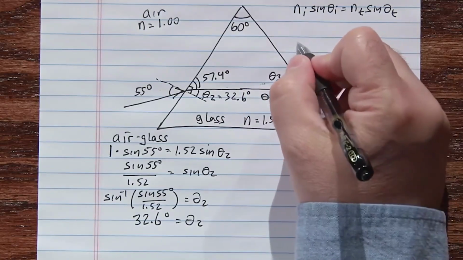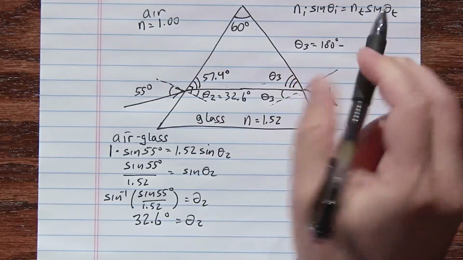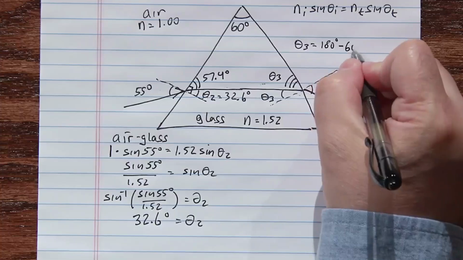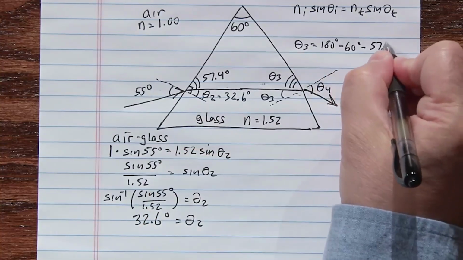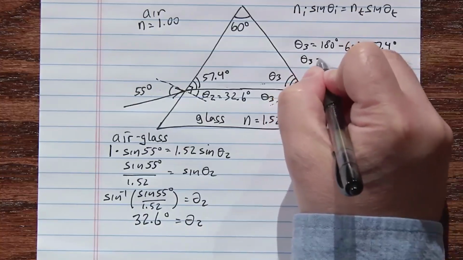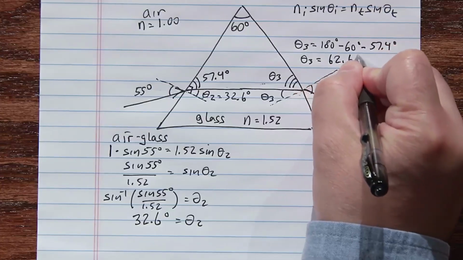We know that theta 3 is equal to 180 degrees minus 60 degrees minus 57.4 degrees, and that would be 62.6 degrees.